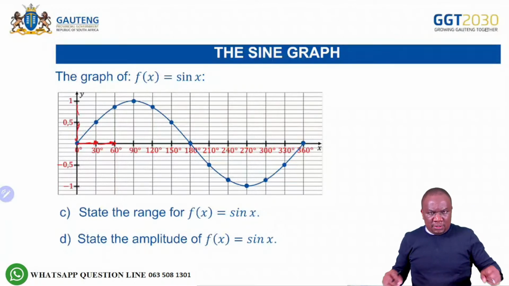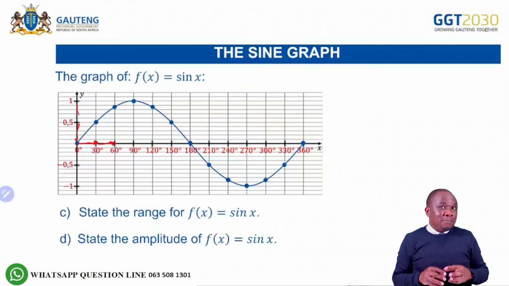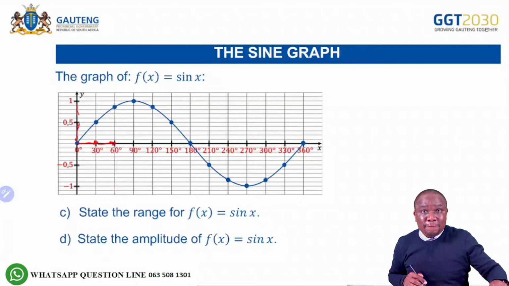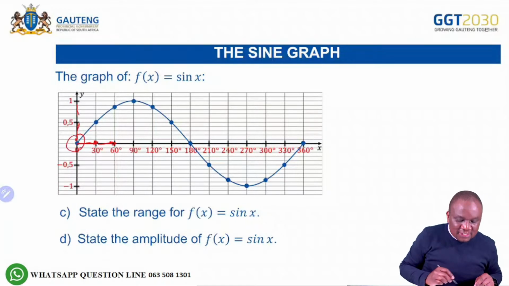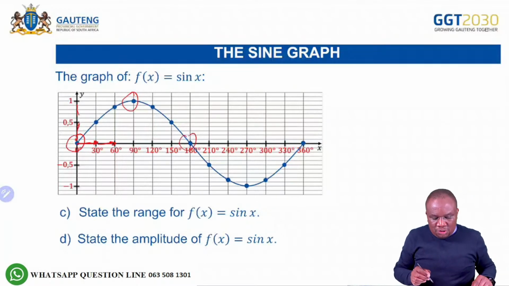But later on, you will see that we're no longer going to be plotting using the table values, but using the key points or the key features. You have to know that the sine graph at 0 is at 0. At 90, it is at 1. At 180, it is at 0. At 270, it is at -1.